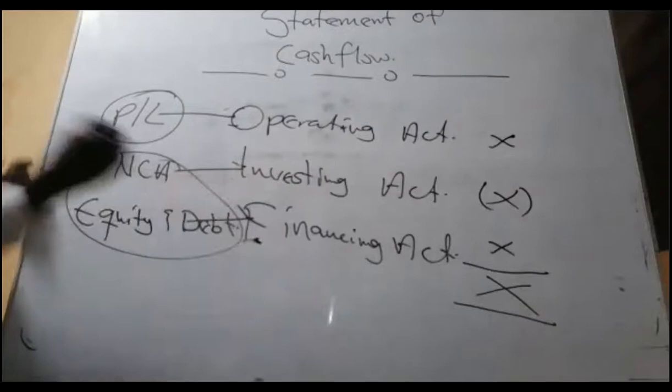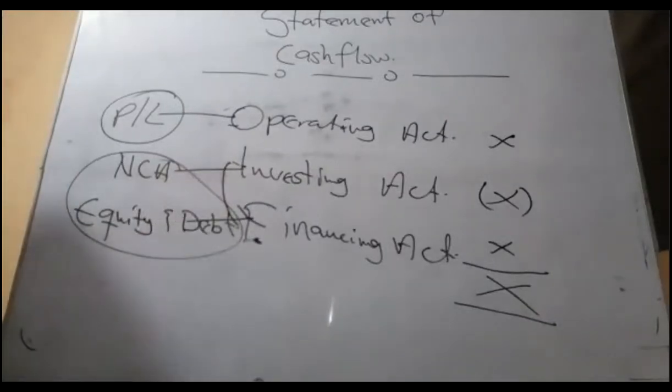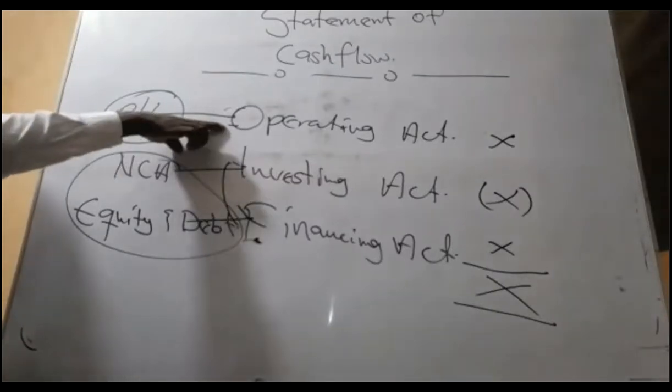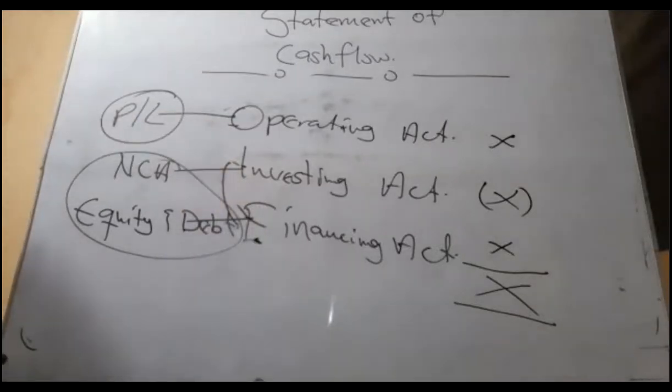For investing and financing, there is just one preparation. In exams, when they ask you to prepare the direct method and you have no idea, just do what you know. You only get the operating activity wrong, which is far better than losing everything.